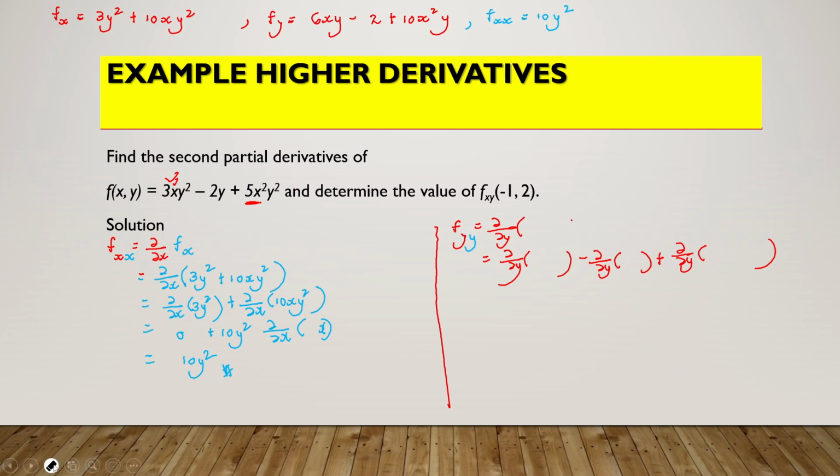So it's ∂/∂y of fy. Okay, fyy is actually ∂/∂y of fy.